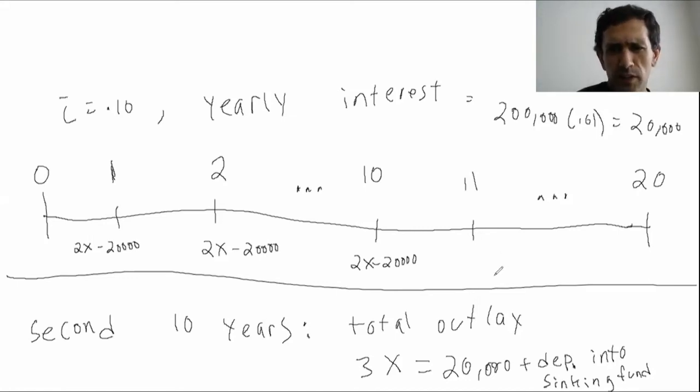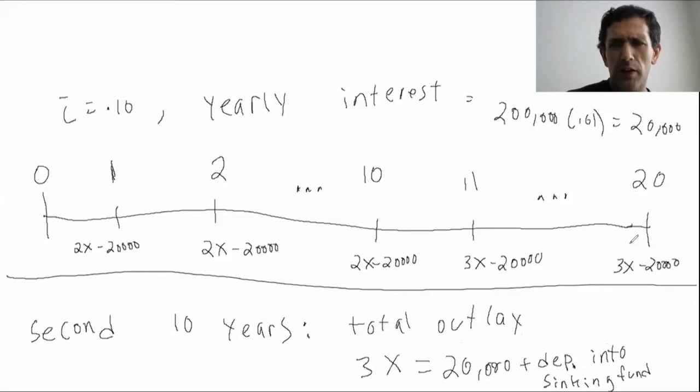So deposits into the sinking fund are just 3x minus 20,000. Just take this 20,000, subtract both sides, you get 3x minus 20,000 is the deposit into the sinking fund. Okay, so this is the last one.